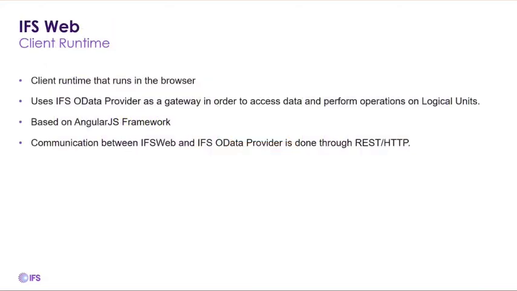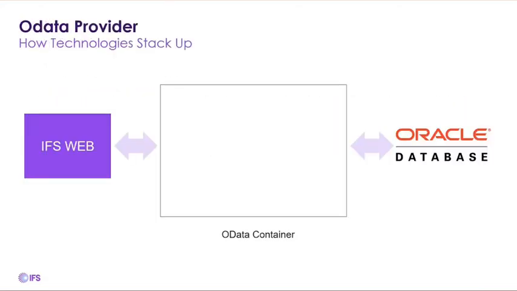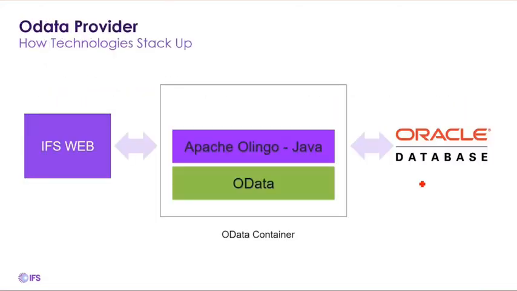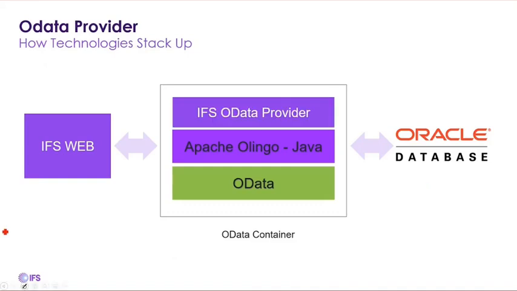If I explain why, it looks like this. So in here, we have the IFS web component, and within the OData container, what we do is we try to implement the OData protocol. How do we implement the OData protocol? That is using Apache Olingo, Java library, plus some IFS specific code.